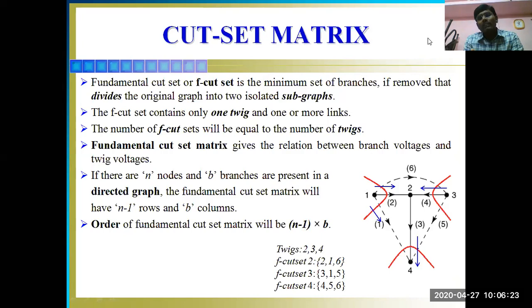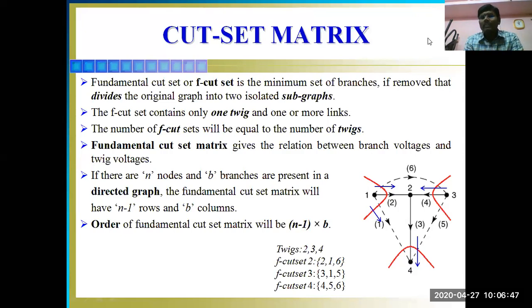In that, we determined the network incidence matrix and also the tie-set matrix. The network incidence matrix gives the incidence of branches to the nodes. That means it gives the geographical connection of elements to the nodes.